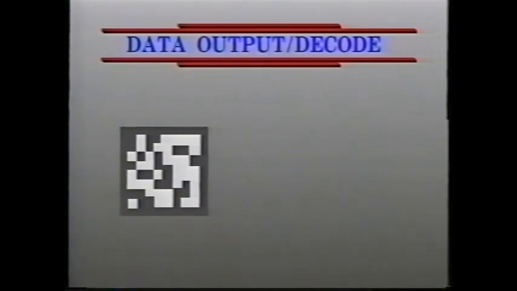Once the Vericode symbol has been marked on an item, at any time thereafter, the Vericode symbol is captured using CCD machine vision technology.